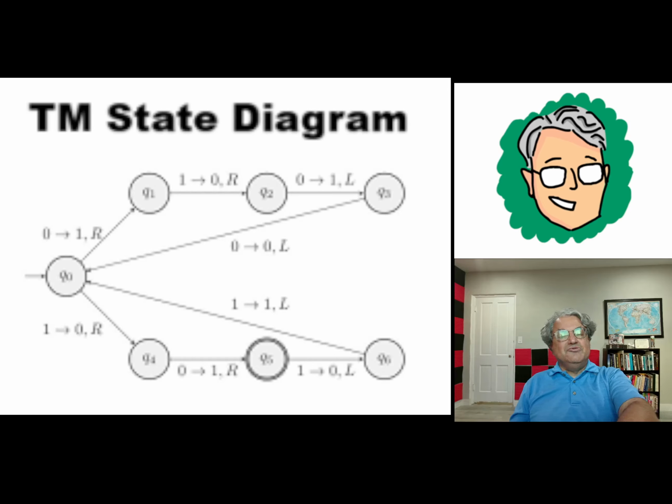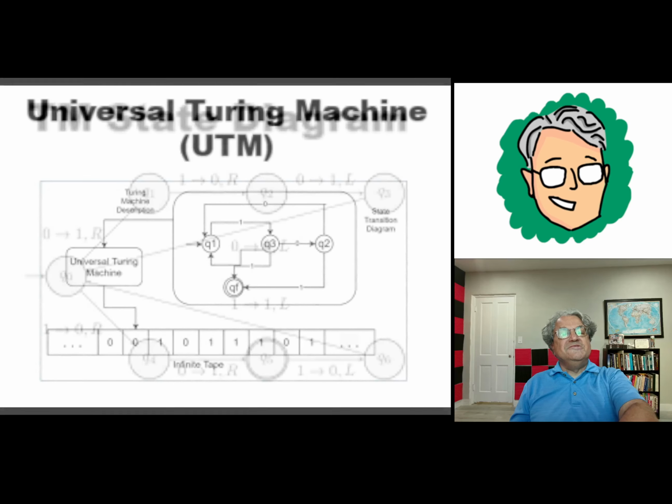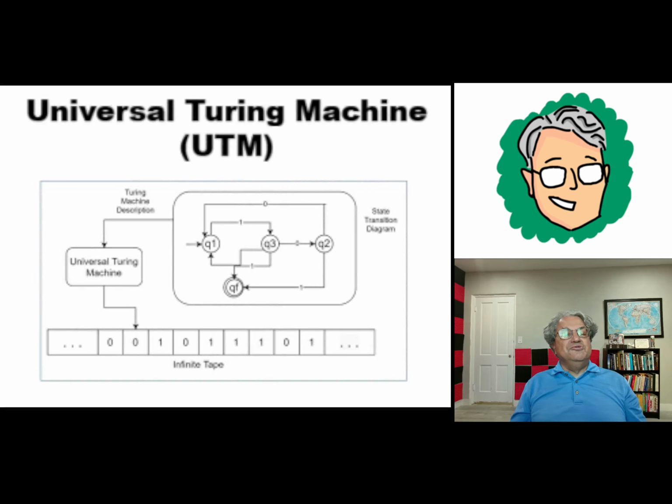And what else is remarkable about Turing machines? There's something called a universal Turing machine. This is a Turing machine that will simulate any other Turing machine in the world. And it's not even that complicated a machine. In this case, the input has to be a particular Turing machine. Here we start with a state diagram of a particular Turing machine.